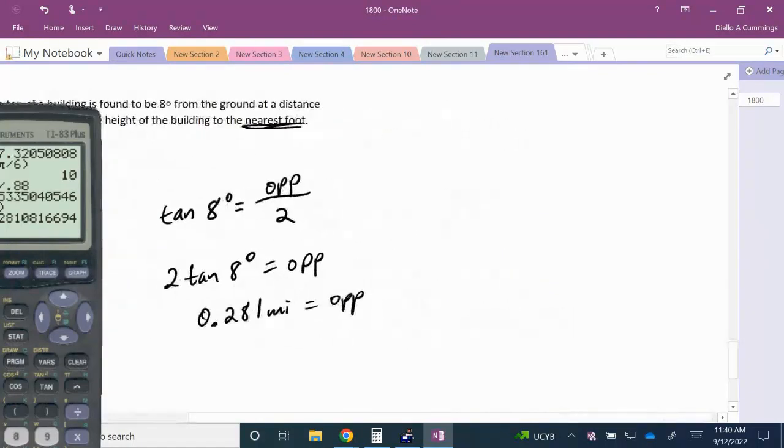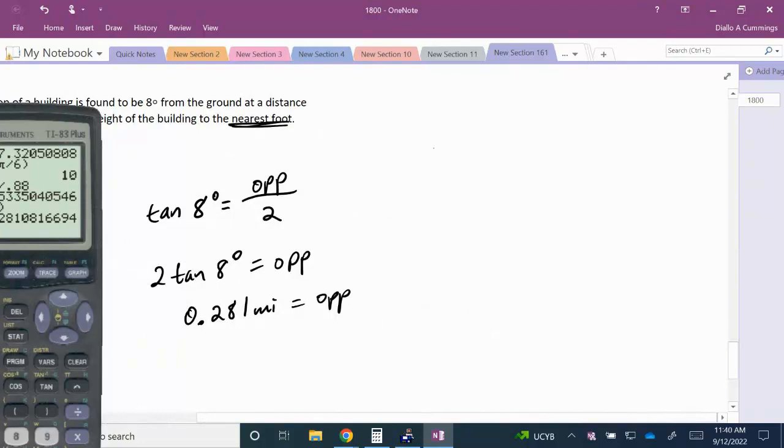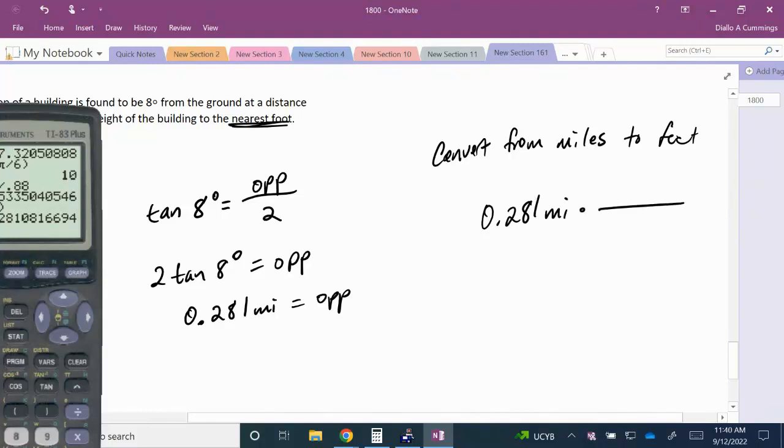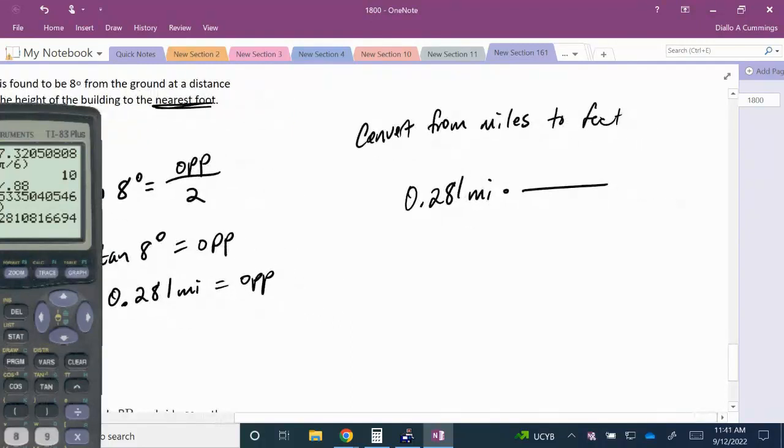Right? So we're going to use what's called a unit fraction, where we're going to convert from miles to feet. So we have 0.281 miles. And then I'm going to set up what's called a unit fraction. We're going to convert from miles to feet.